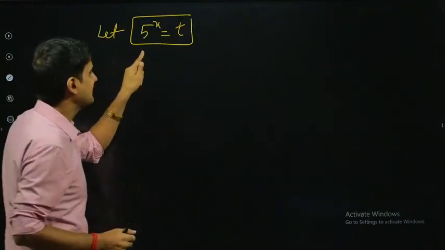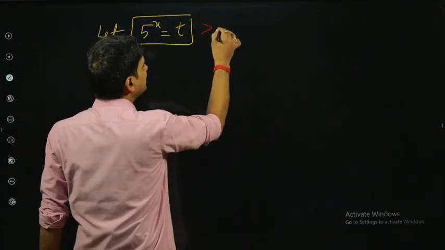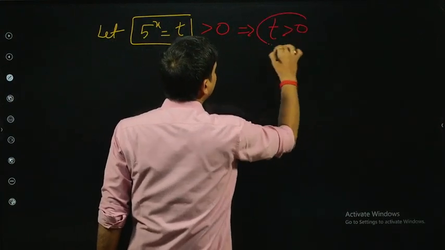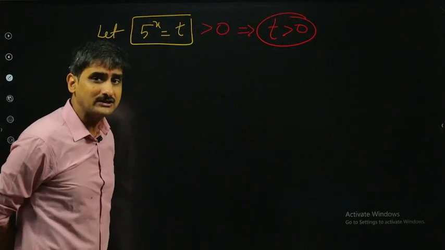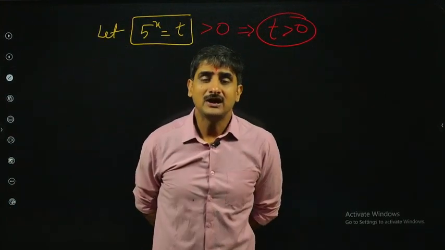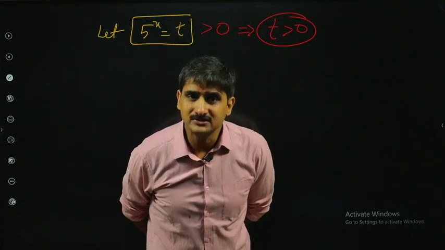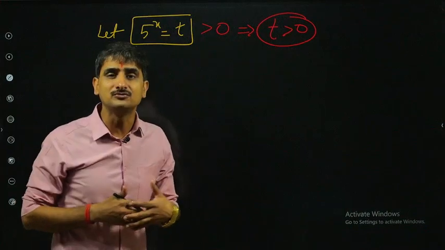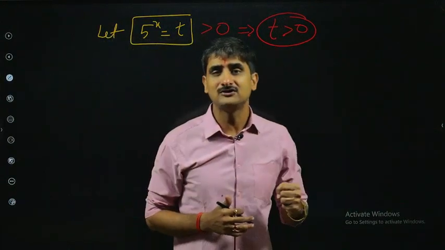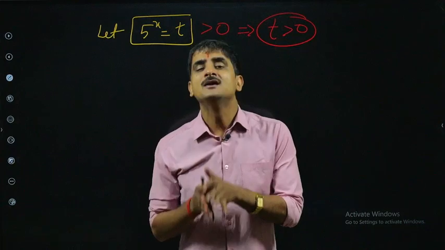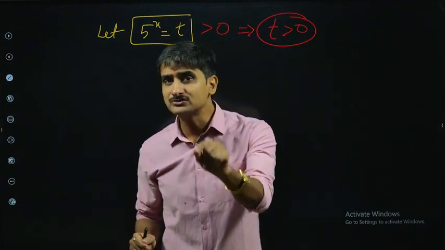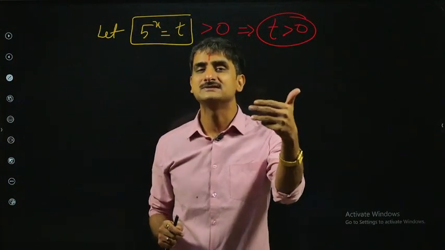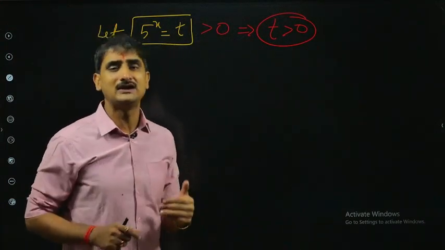But this time we know that the exponential function can't be negative, so we should know that whatever polynomial we are going to get in terms of t will be a valid equation only when t is positive. So when we are looking for the roots of that polynomial equation in terms of t, we have to ensure that only those roots for which t is positive will be valid roots. That means the positive roots will be the only valid roots there.